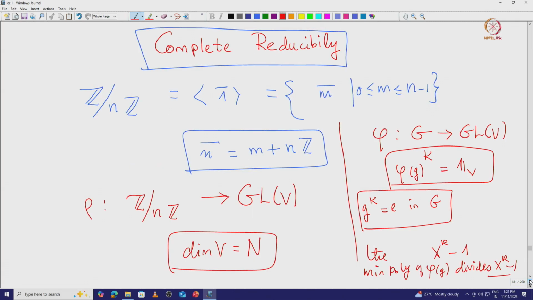In particular, for a representation of Z modulo nZ, all the images of elements of Z modulo nZ will be diagonalizable.